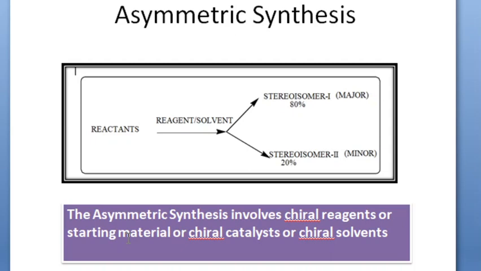Let us see a few examples, and you should identify which is chiral in each. You may usually make use of chiral reagents or a chiral catalyst, maybe a chiral reactant itself, we will start with.